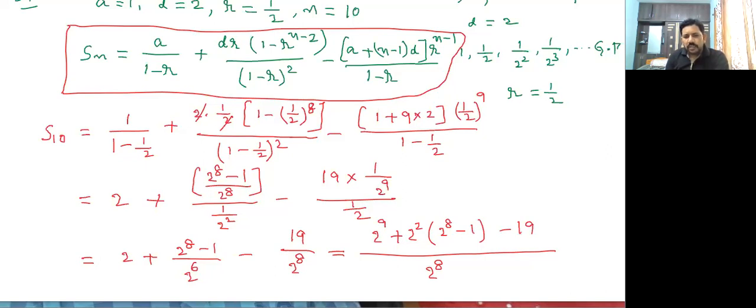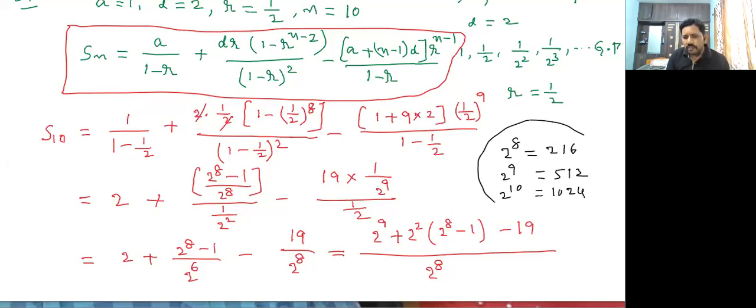Students, tell me, what is the 2 power 8 value? Here I will write: 2 power 8 is equal to 256, 2 power 9 is 512, 2 power 10 is 1024. These are the values.